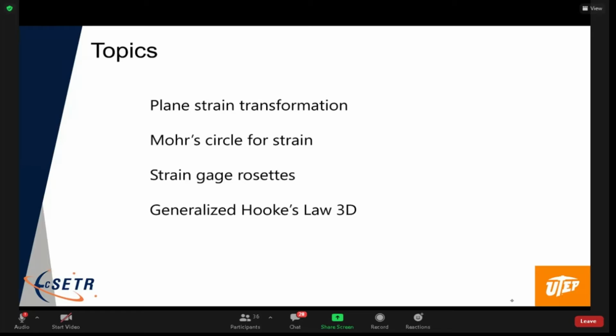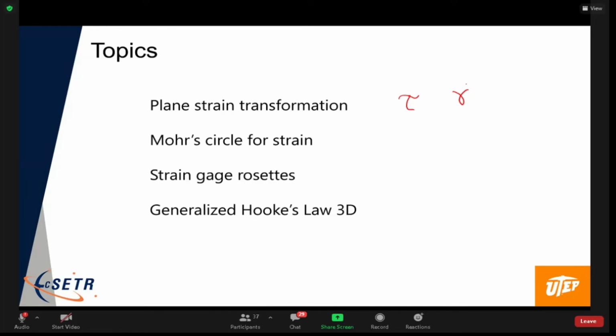All right. So we're going to talk about transformation of plane strain, which will be very, very similar mathematically to the transformation of plane stress. The only one thing is when we did plane stress, we had the shear stress tau. When we do plane strain, we're going to have the shear strain gamma.